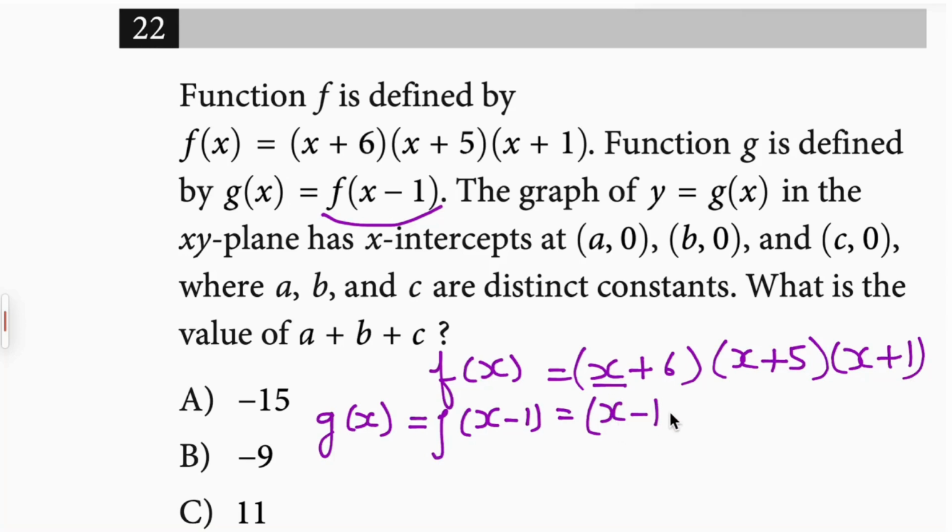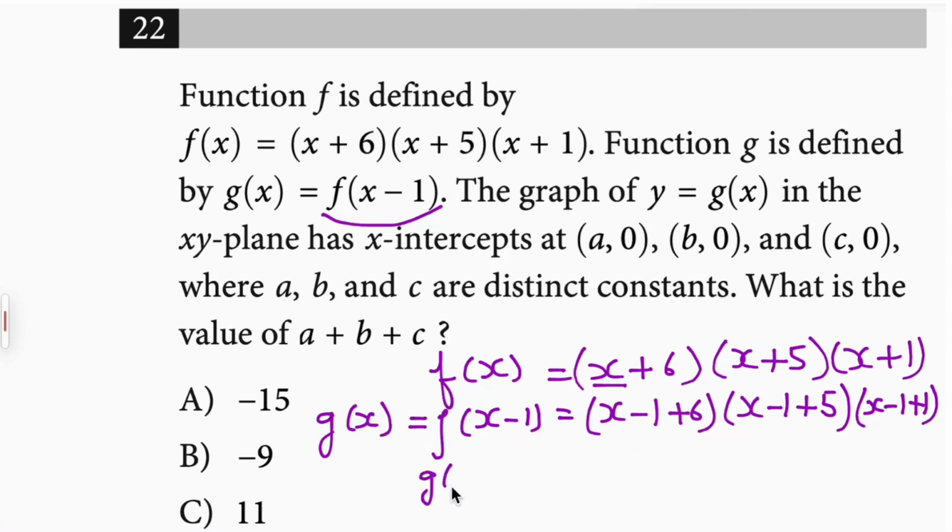This x is x minus 1, plus 6 as it is. This x is x minus 1, plus 5 as it is. And this x is x minus 1 and plus 1 as it is. That is the only important step here. Okay, let's see the rest of the question.